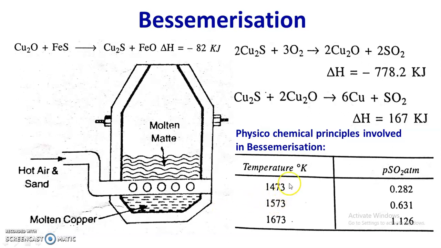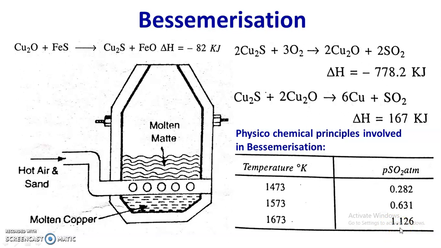As temperature increases because of the exothermicity of the reaction, the partial pressure of sulfur dioxide also increases, and at 1673 Kelvin the partial pressure of sulfur dioxide is approximately equal to 1 atmosphere.